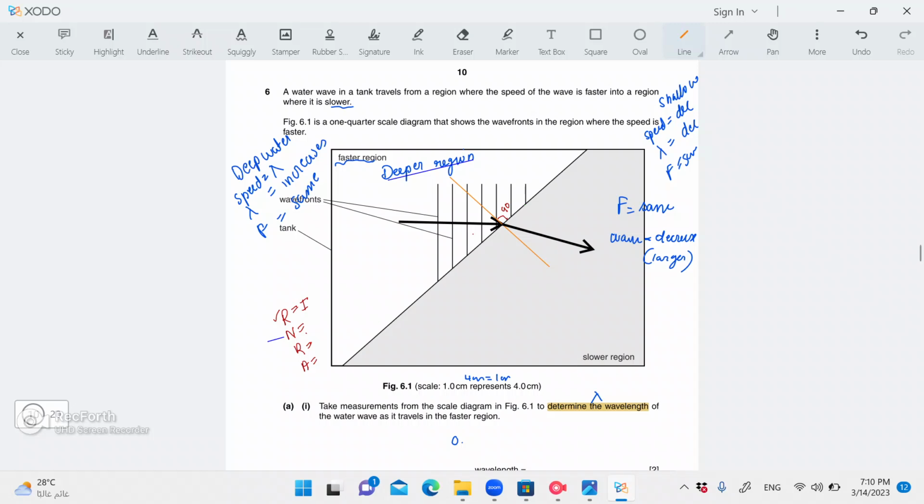So now how will you draw the refracted ray? How will you draw the wave? The wavelength will decrease. It will be like this.